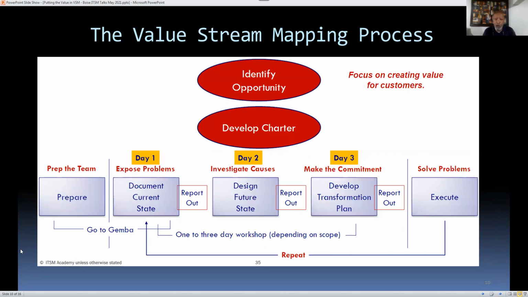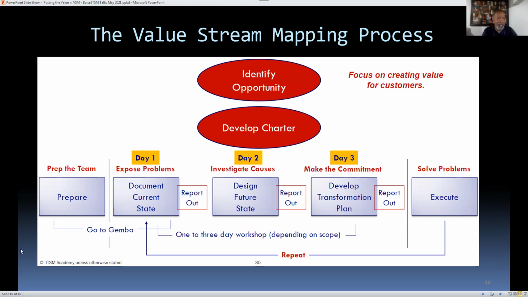So we can use value streams to improve functional groups. We can use value streams to help with a defect in an application. We can use value stream mapping to improve a process, or what today we call a practice. But in either case, speaking of this being strategic, I want you to look at the developed charter as being a part of governance.